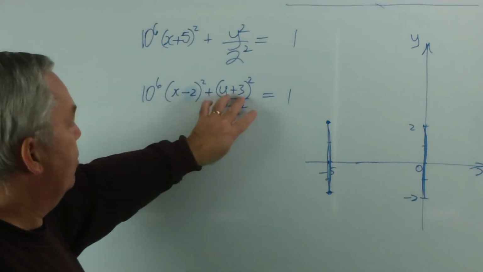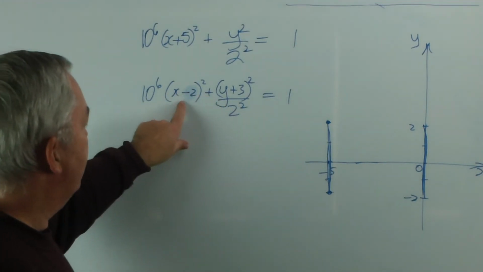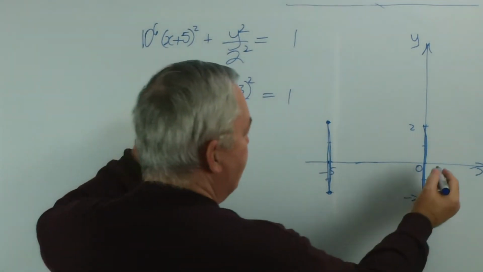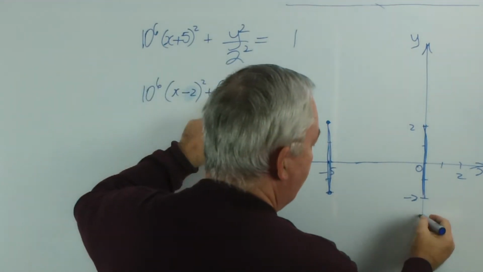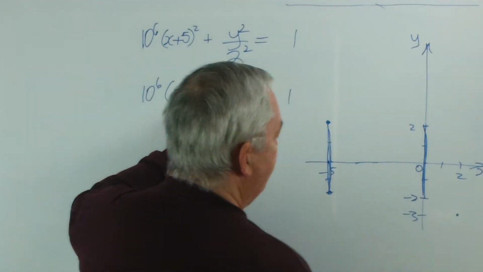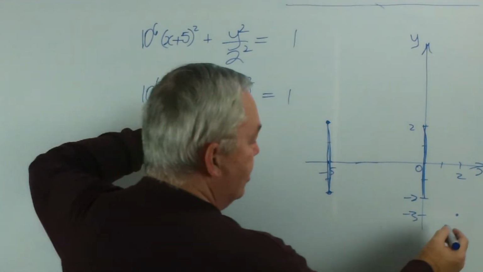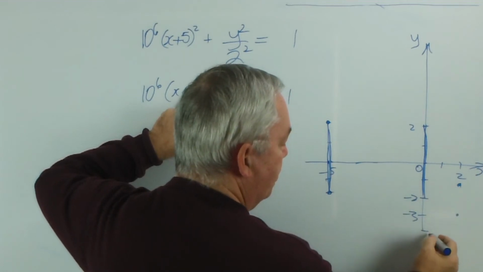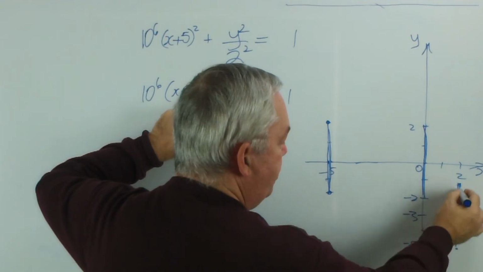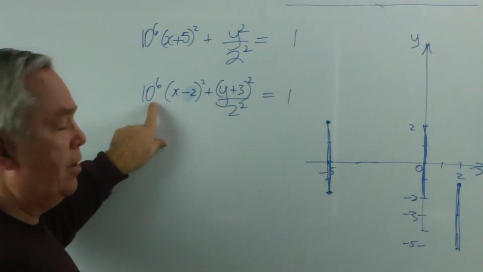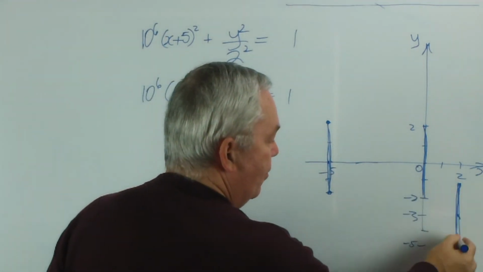It's an x squared plus a y squared equation, but with these modifications, this now has a centre at x equals +2 and y equals -3. On the y-axis, it moves from +2 to -2. And on the x-axis, it moves from +1/1000th to -1/1000th. So we have a vertical line here.